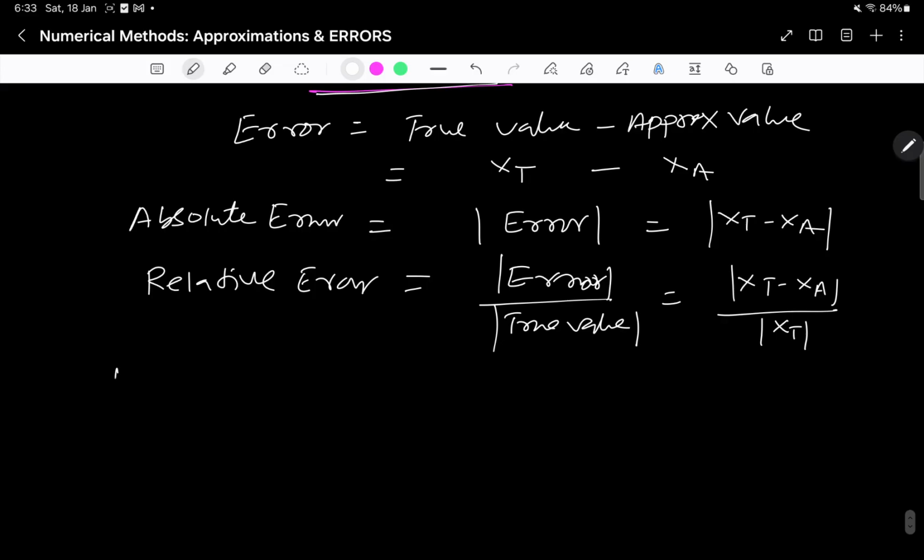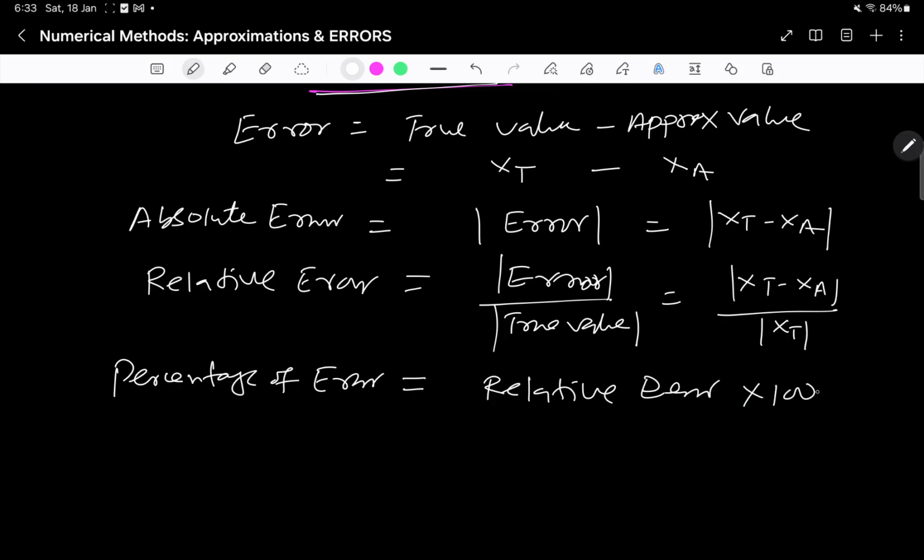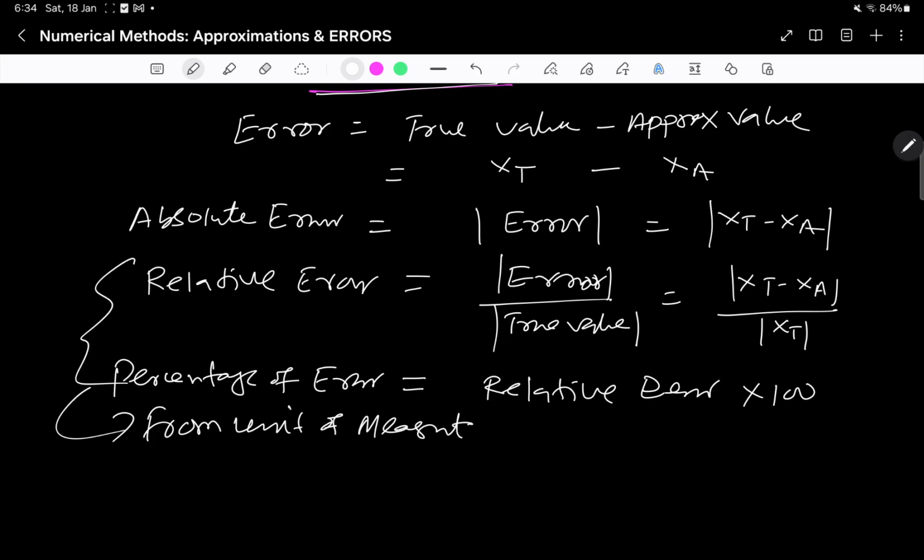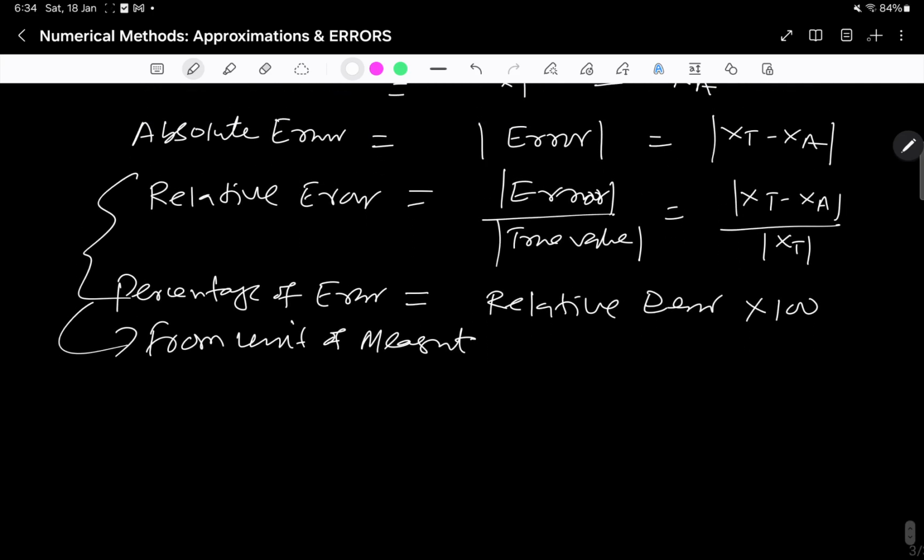Then coming to the percentage of error, this will be relative error into 100. As I have told you, these two are free from unit of measurement, right?